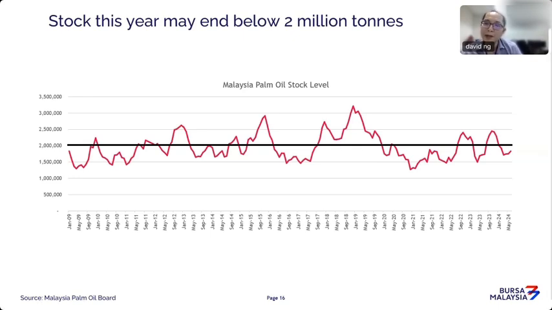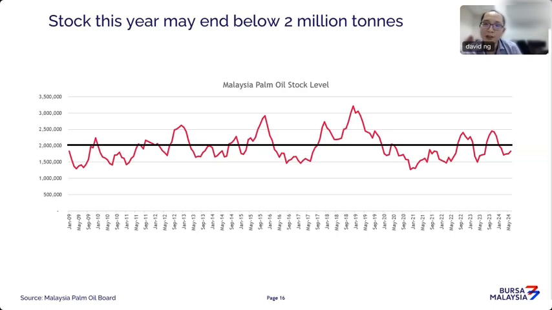When anything is below 2 million, that means we are quite tight in supply, or rather tight in stocks. Especially after the pandemic, it was actually very short. It was staying below 2 million tons for probably about a year or so. But since then, stock levels are just slowly inching higher.